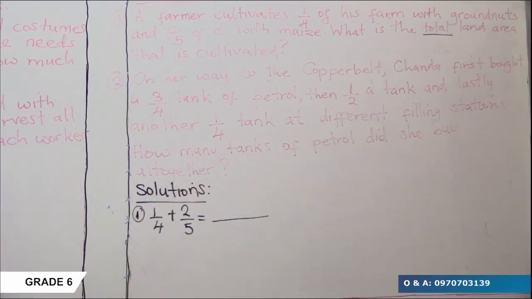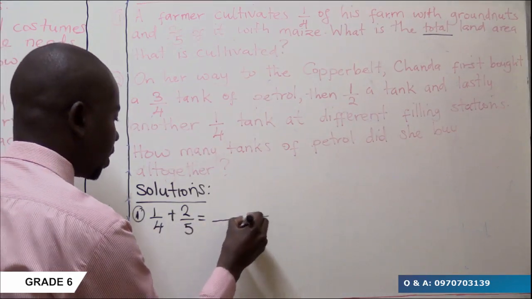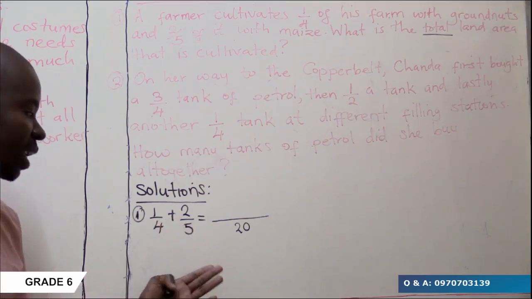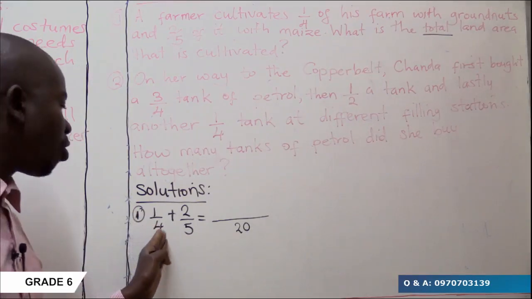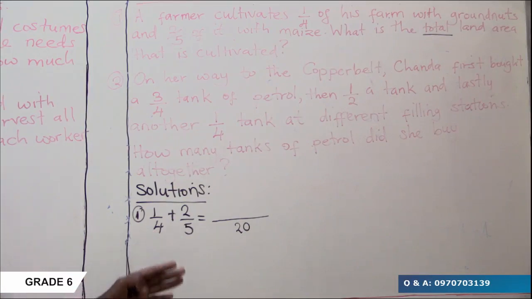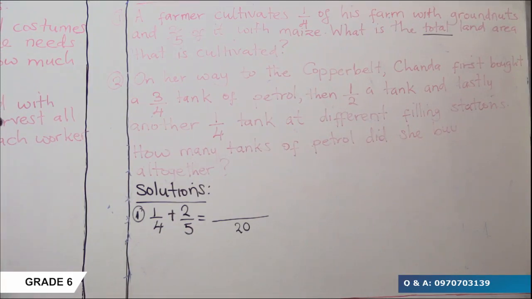What is the common denominator for 4 and 5? The common denominator for 4 and 5 is 20. A common denominator is a number in which 4 and 5 can go without leaving a remainder.